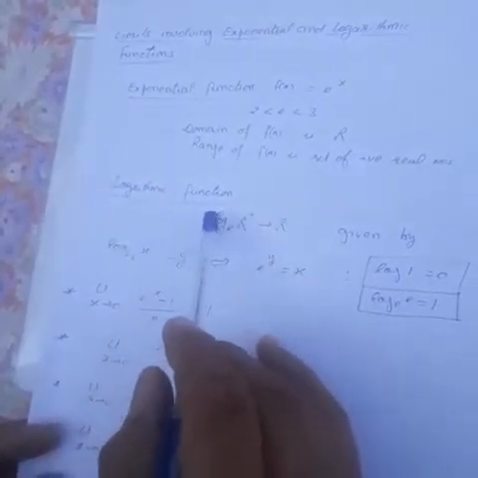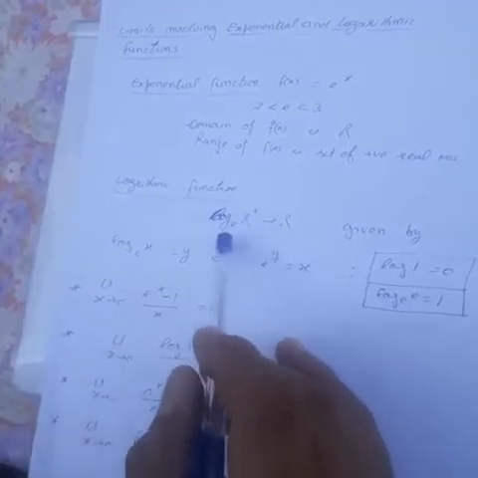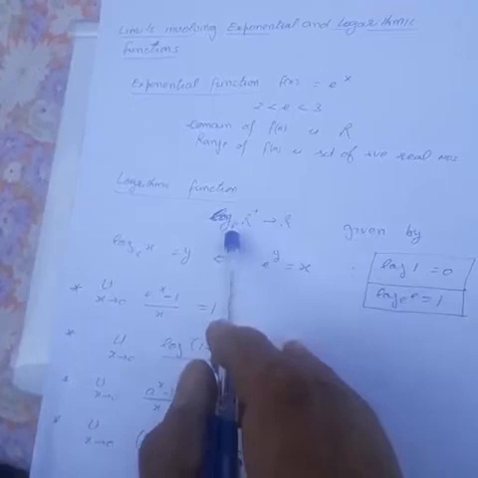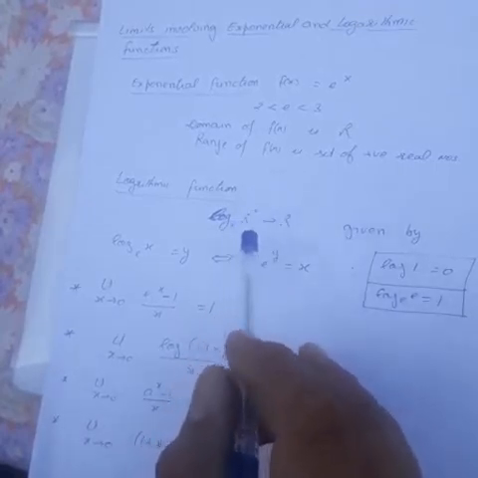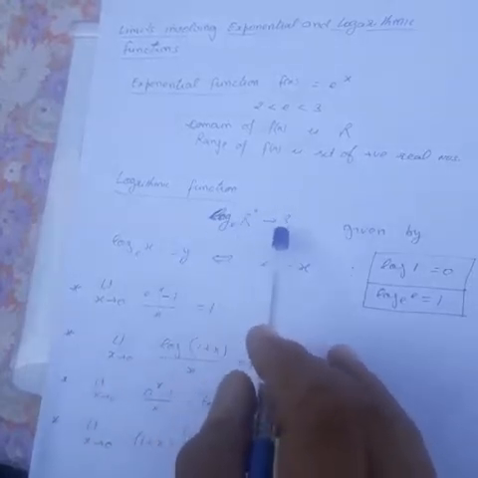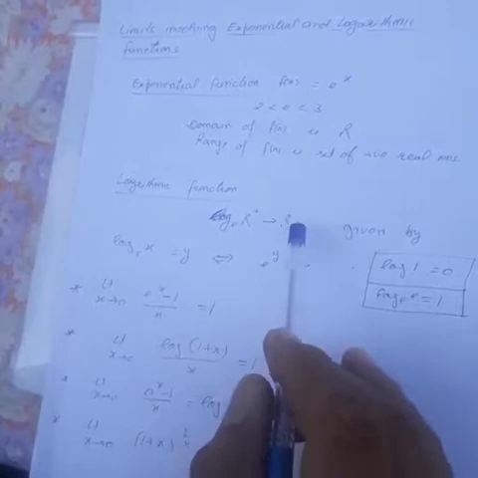Then the logarithmic function is log of any positive real number to the base e. Again e is a real value between 2 and 3, not any real value, and the range is positive real values.